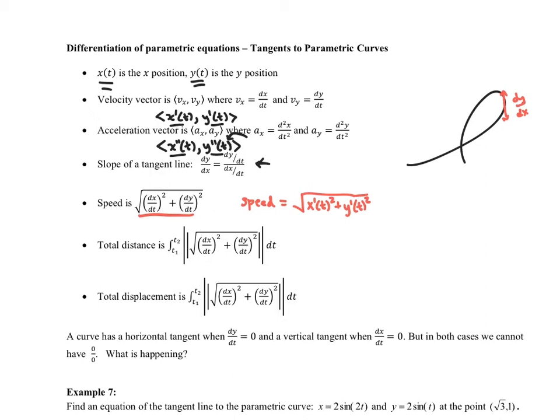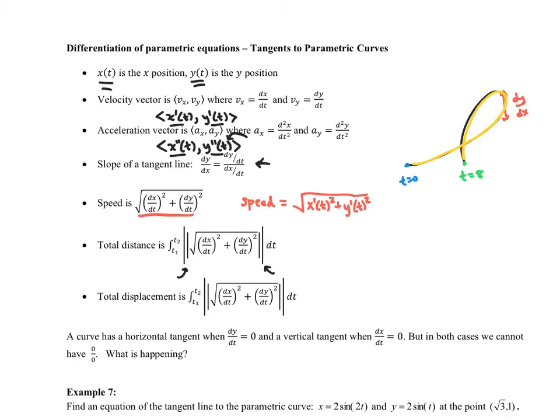Okay, and then the total distance traveled. Let's say at time t equals 0, the particle is here, and at time t equals 8, the particle is here. The total distance traveled would be calculating the length of that curve, right? And that can be done by using the following. I am not sure why there are two sets of absolute values here.